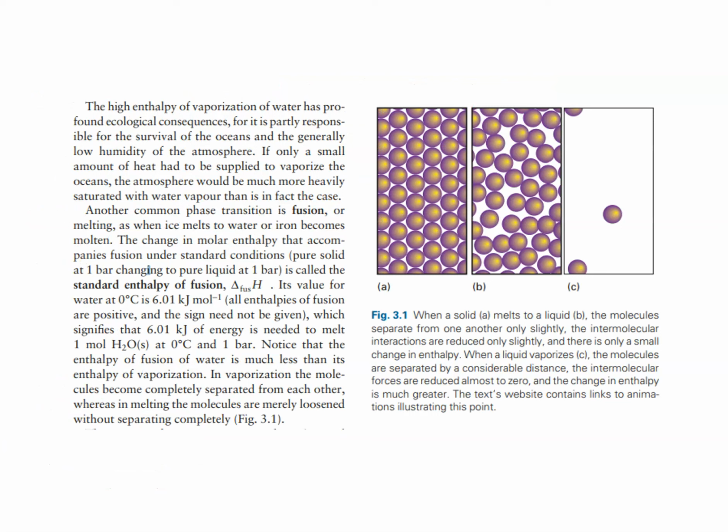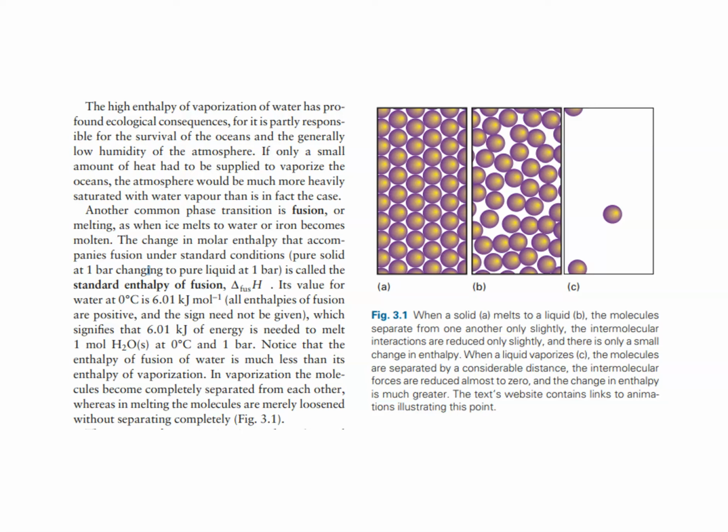The high enthalpy of vaporization of water has profound ecological consequences, for it's partly responsible for the survival of the oceans and the generally low humidity of the atmosphere. If only a small amount of heat had to be supplied to vaporize oceans, the atmosphere would be much more heavily saturated with water vapor than it is in reality.